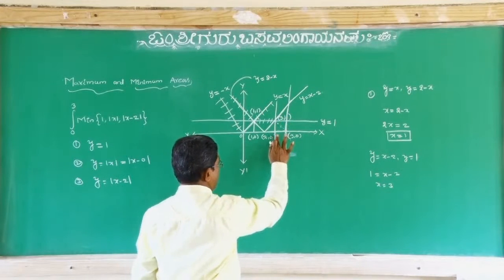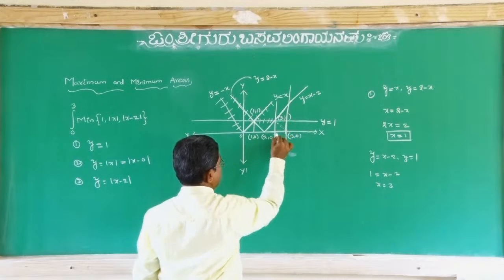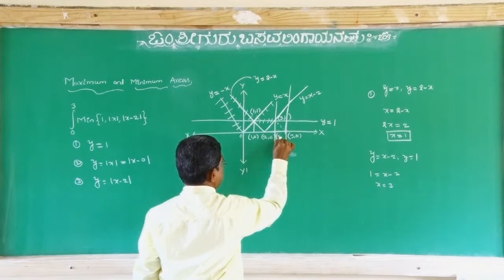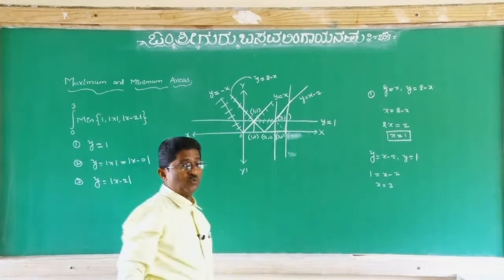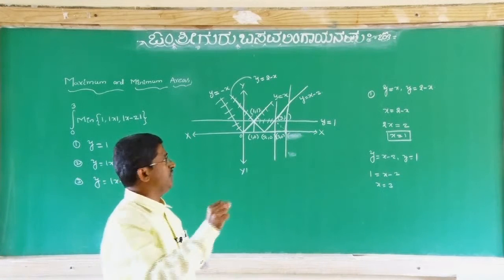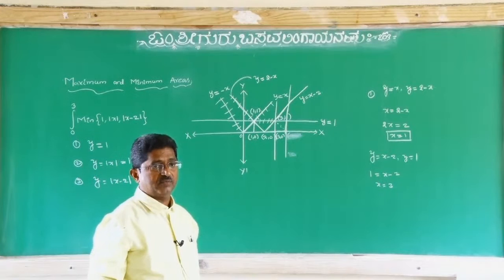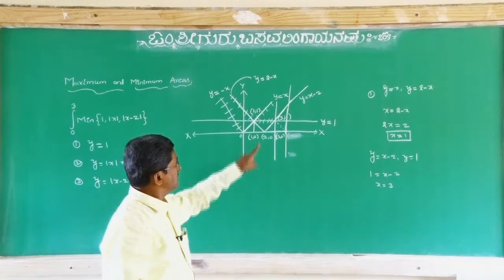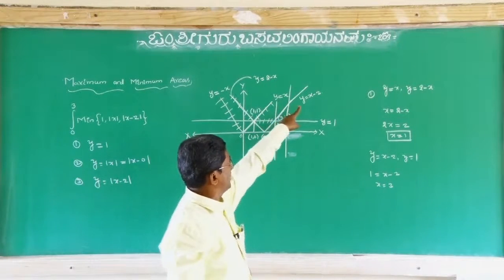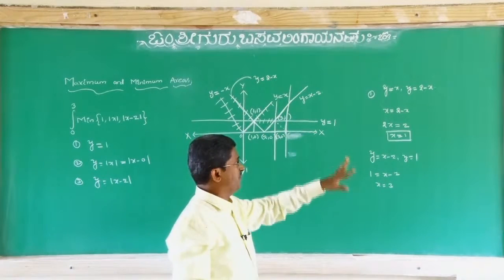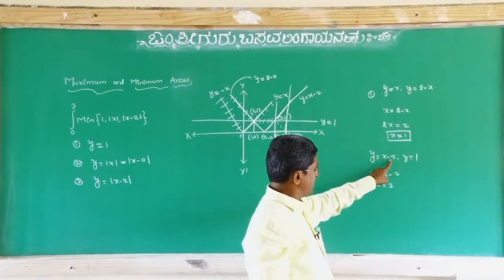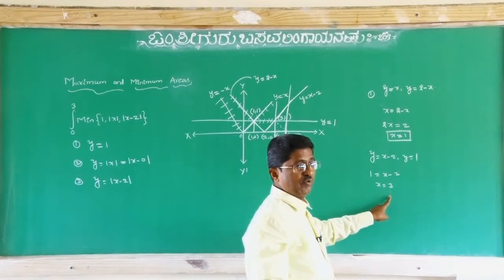Now we have to determine the area of the function. The x coordinate is equal to 3 units, the point 3 comma 0 here only. After drawing the graph, only then can we conclude the points. Once again, solving the line y is equal to x minus 2 and the line y is equal to 1, the point of intersection is x minus 2 equal to 1, x is equal to 3.